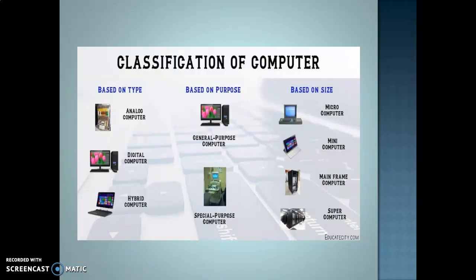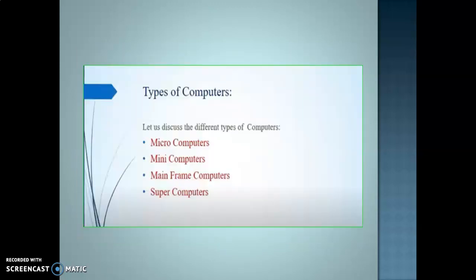Now, we can classify the computer on its type, as we already discussed. Next, based on the purpose, general purpose computer and special computer. Then after, we will discuss on its size, speed and processing power and cost. The general purpose computer refers a computer which can perform different kind of jobs with equal efficiency.